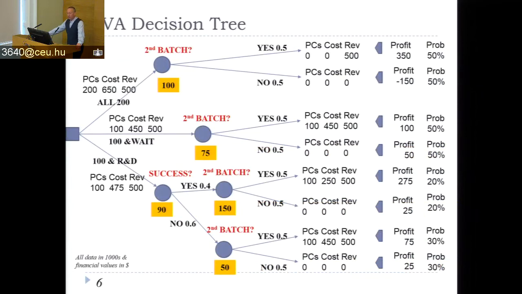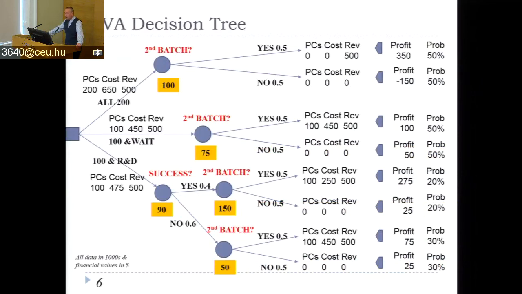If you are going for 100,000 and waiting, you have a 50% chance of making 100,000 profit and a 50% chance of making 50,000 profit. If you are going for 100,000 and R&D, reading the column on the right-hand side, you have a 20% probability of making $275,000.